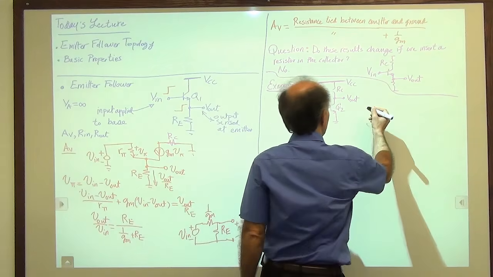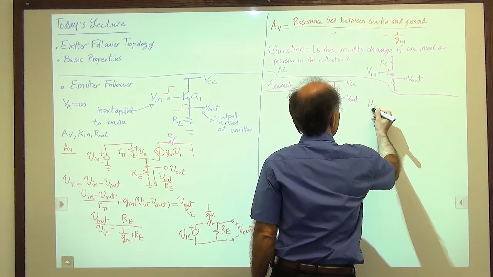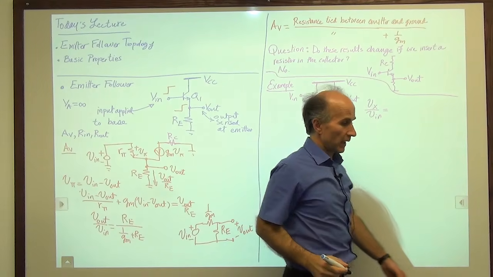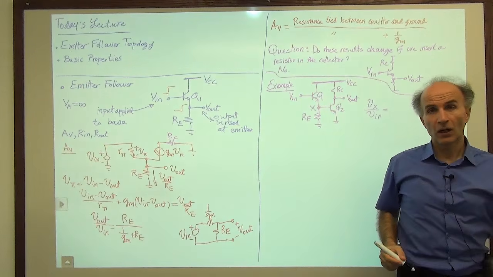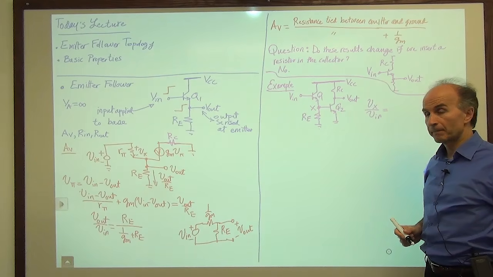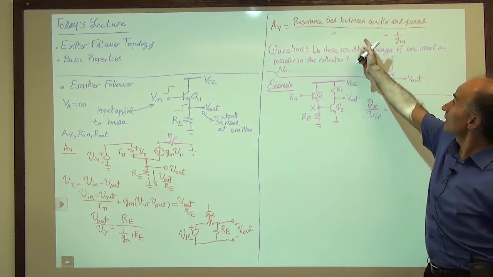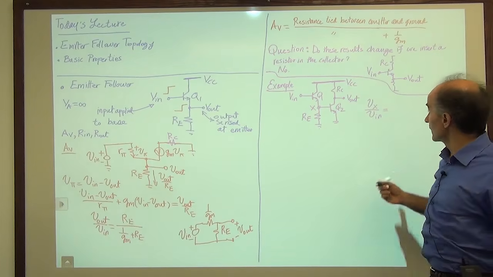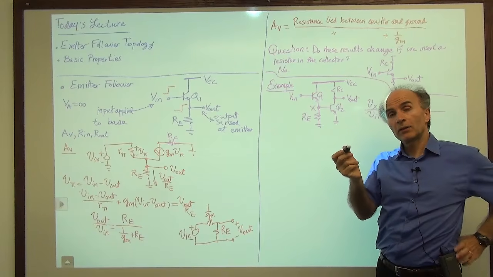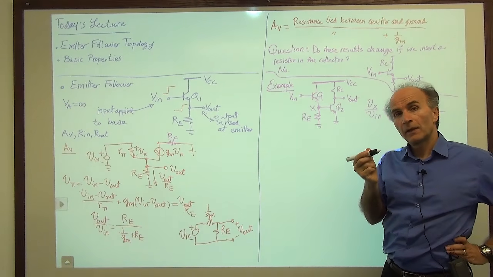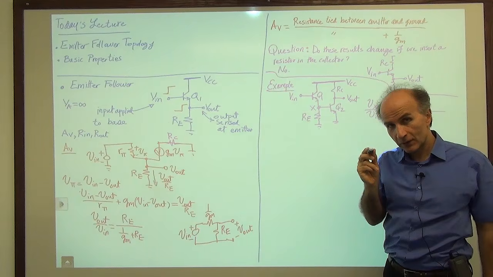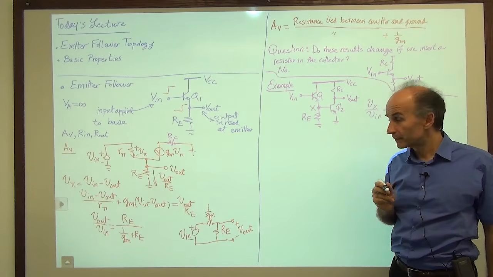Okay, so how much is Vx over V in? Vx over V in is the voltage gain of an emitter follower. So we go back to this equation here and we draw a fractional line, and in the numerator we have to place the total resistance tied between the emitter and AC ground.